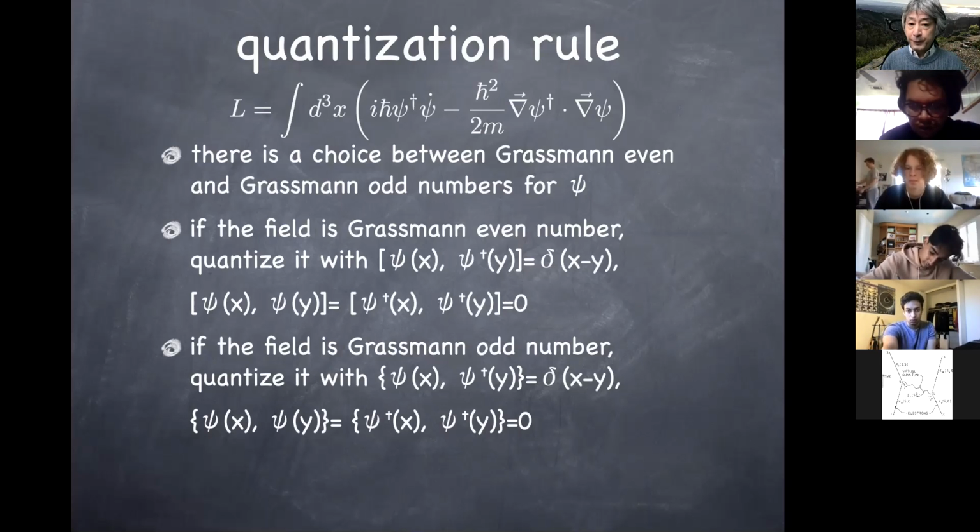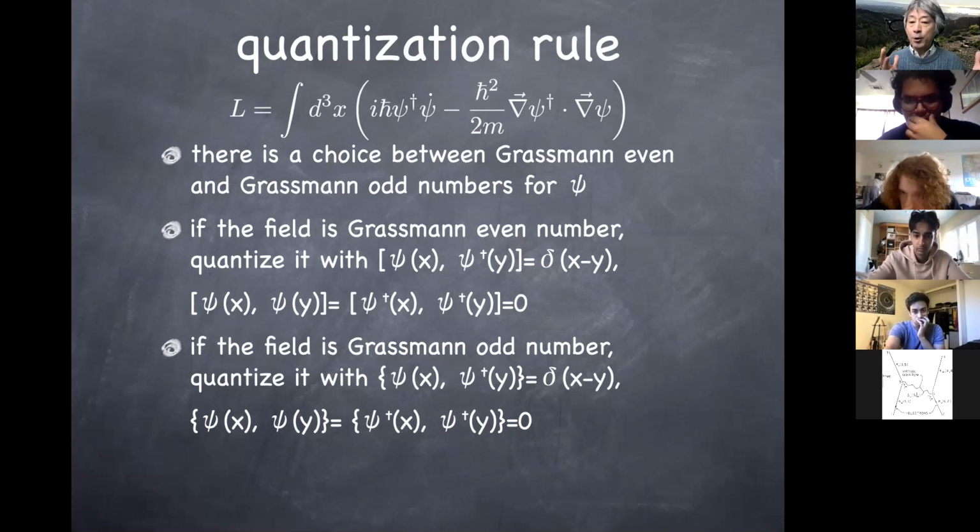So you have two versions of QFT now, one with Grassmann even numbers, one with Grassmann odd numbers. When you quantize it, you use commutation relations for the Grassmann even case, but you use the anti-commutation relation for the Grassmann odd case. And the Grassmann even case, we know, is the same thing as the multi-particle quantum mechanics of identical bosons.